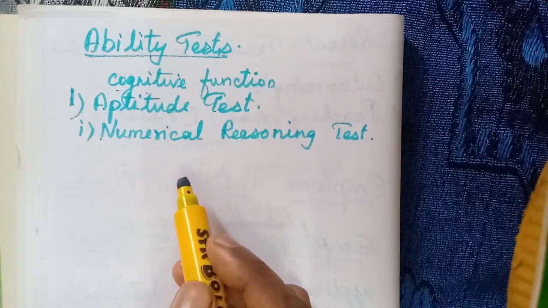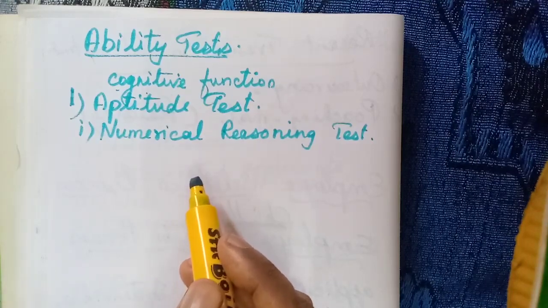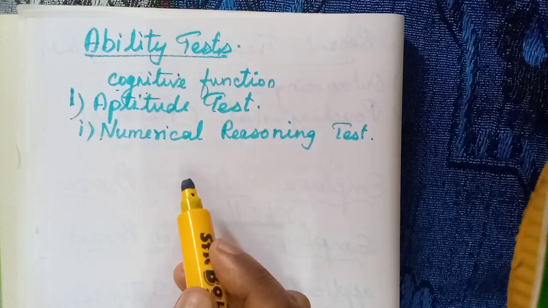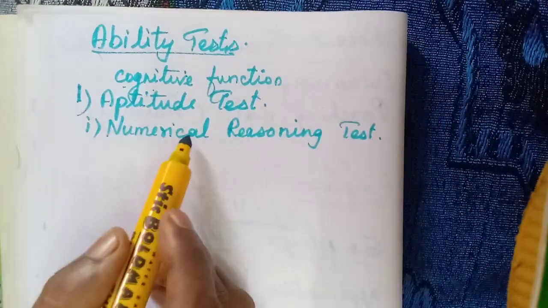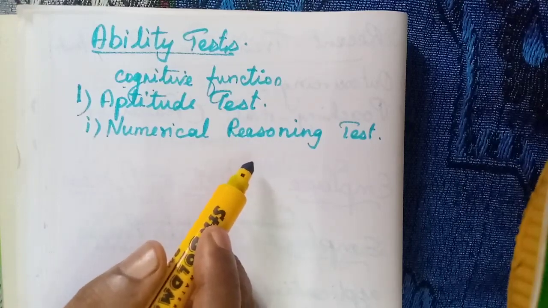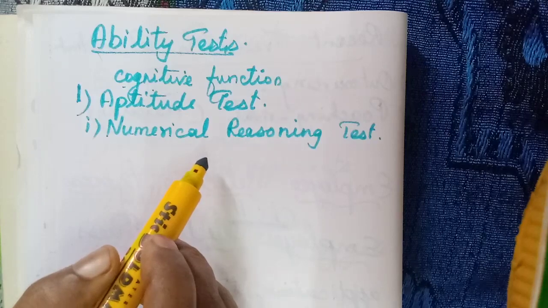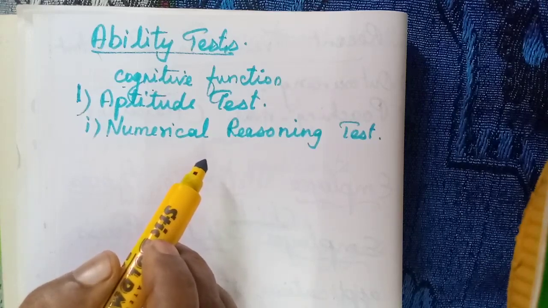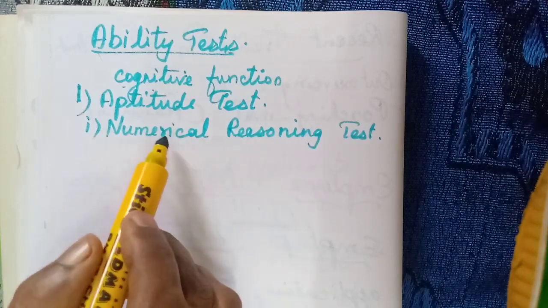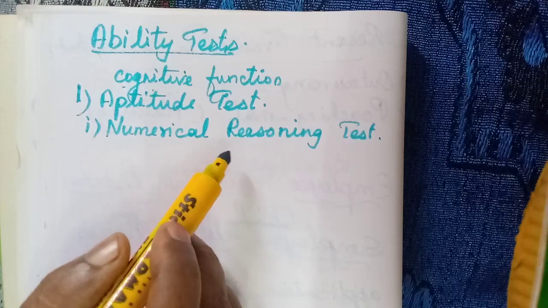So whether the candidate can solve numerical data can be tested through this numerical reasoning test. Regarding numbers and numerical information, how can he solve the data? How will he take the necessary decision from the numerical data?